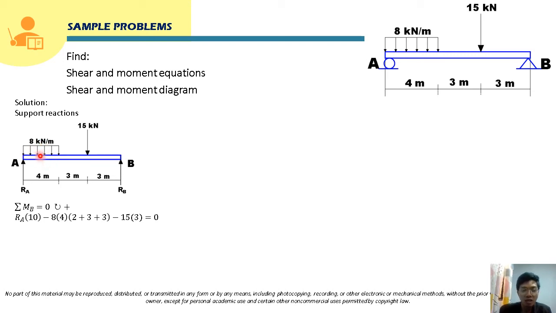So that will be its moment arm of that equivalent point load about point B, that will be 2 plus 3 plus 3. And its rotation, class, will be counterclockwise about point B. That's why it's negative here. Now, for this 15 kilonewton concentrated load, its moment will be 15 times 3. And its rotation will be counterclockwise.